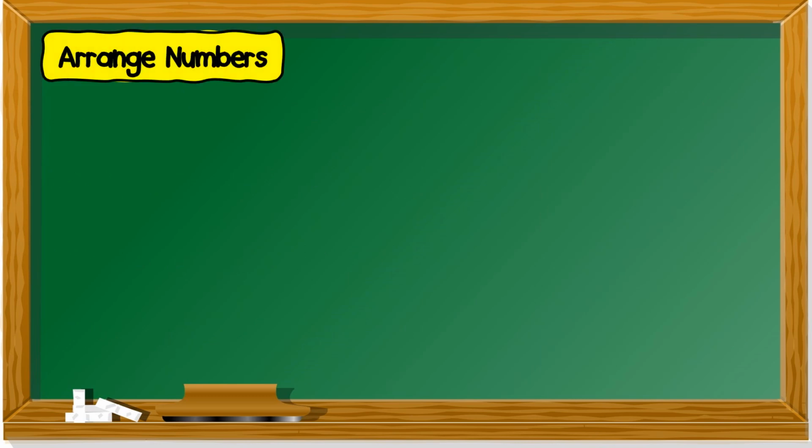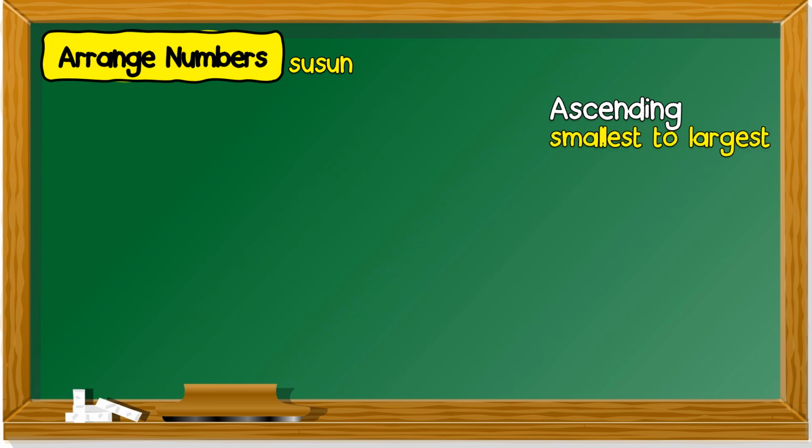The next subtopic is arranged numbers. Arranged number bermaksud susun nombor. There are 2 terms that you see in this subtopic. The first one is ascending. Ascending is you arrange the numbers from the smallest to the largest.